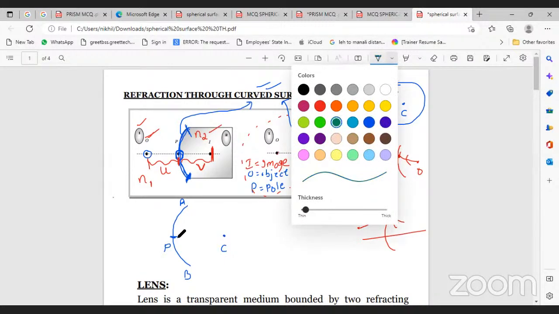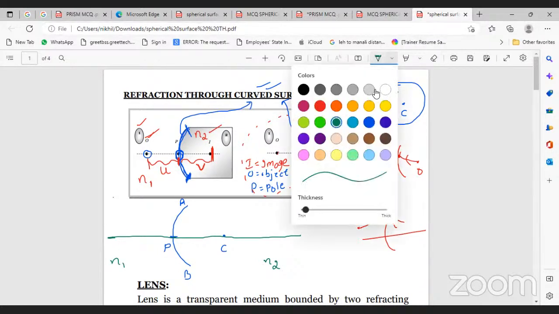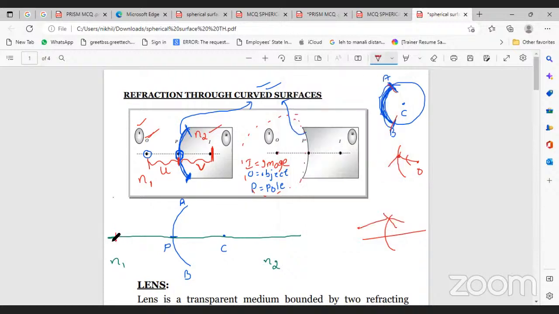Now, I'm going to join the line from the pole to the center of curvature. This is called the principal axis. I will consider this medium as N1 and the refractive index of this medium as N2. Now I'm going to place the object in the N1 medium at O. What is O?